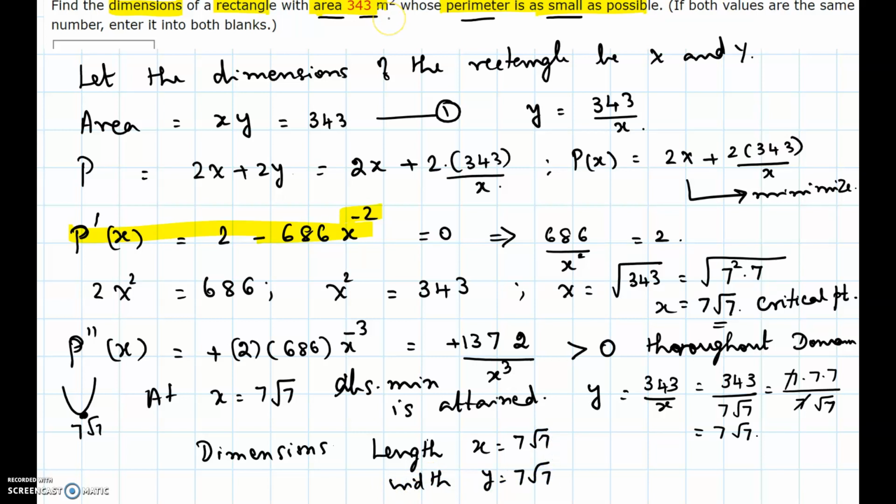Everything is measured in terms of meter, because the area is given as meter square, so each length and the width should be measured in terms of meter. So this tells us when the perimeter is minimized, the length and width are the same, equal to 7 root of 7 meters, showing that the rectangle becomes a square. Hope this video helps.